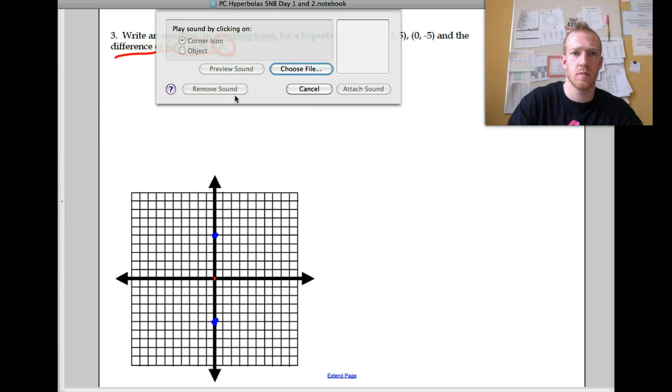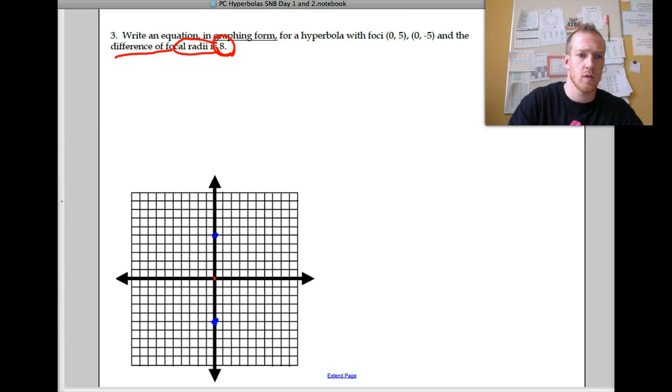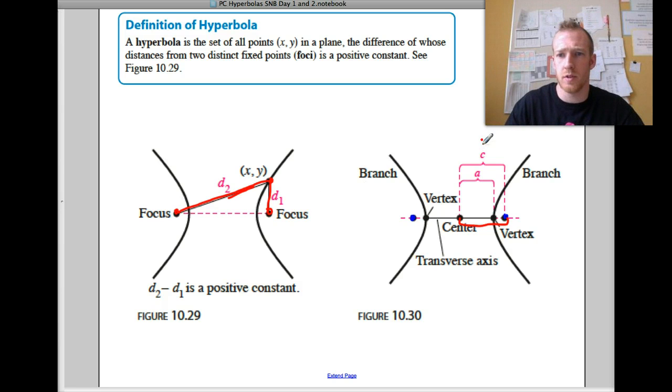Alright, so we know this is 5, and we know this is a and a. So from here, instead of some random point, we're going to pick a point right there. So first what we want to do is look at what this distance is here. This distance here is c minus a. So that makes this distance also c minus a.